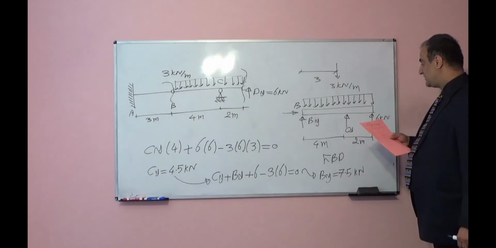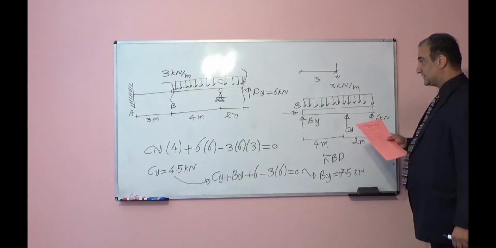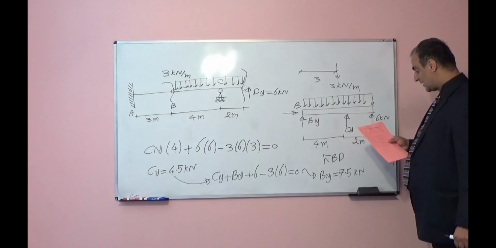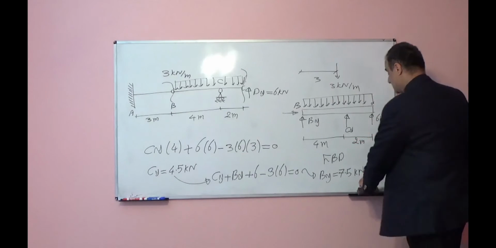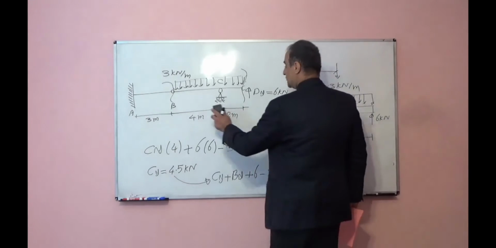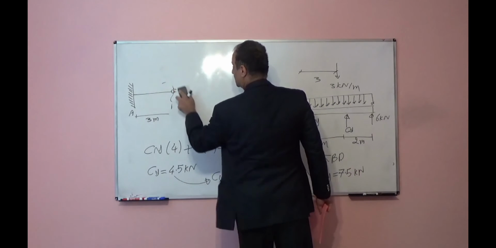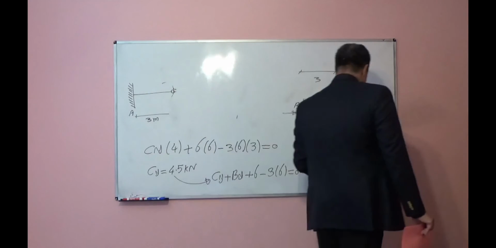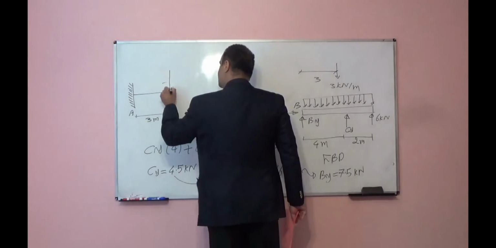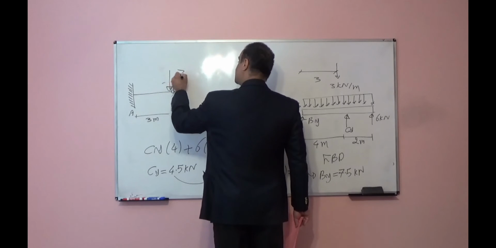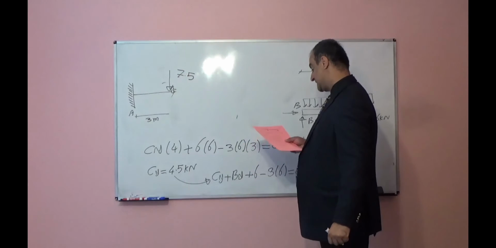So now let's see. Now after I found the By, I can remove this part as well. So in this free body diagram, By was upward, so here we will have the same By, magnitude is the same, direction is in the inverse direction.